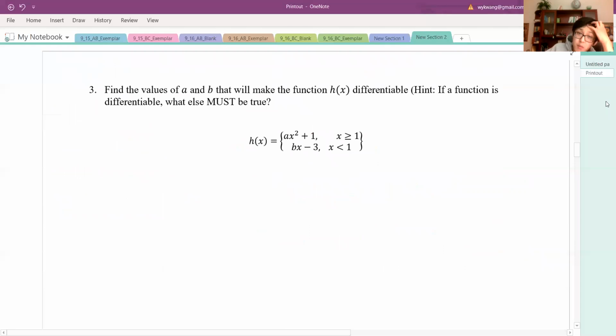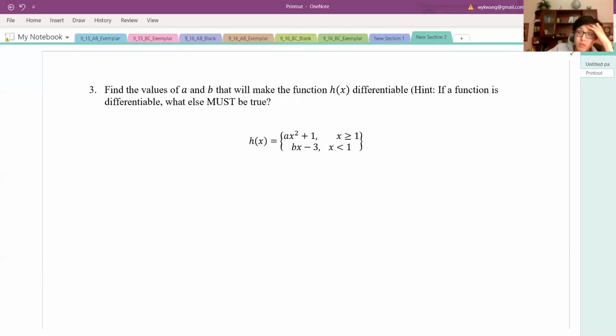Okay, find the values of a and b that will make the function h of x differentiable. So what we're really looking at here, right? Hint, if a function is differentiable, what else must be true? Well, that should be pretty obvious.